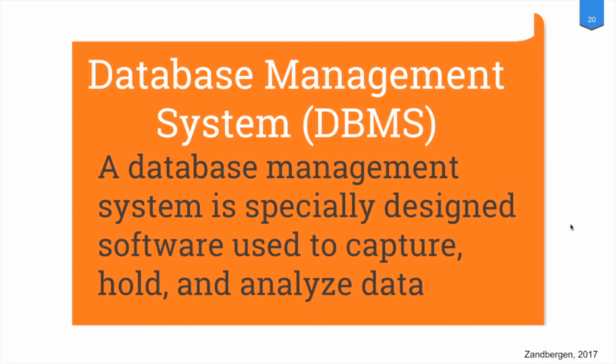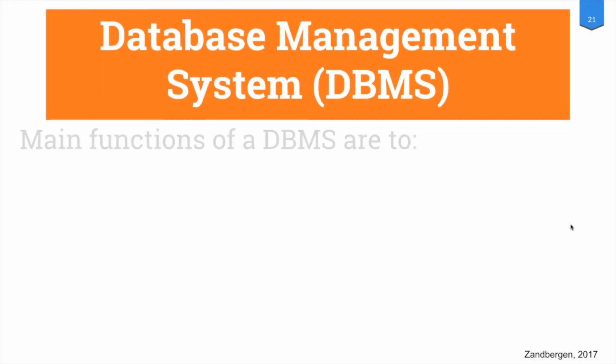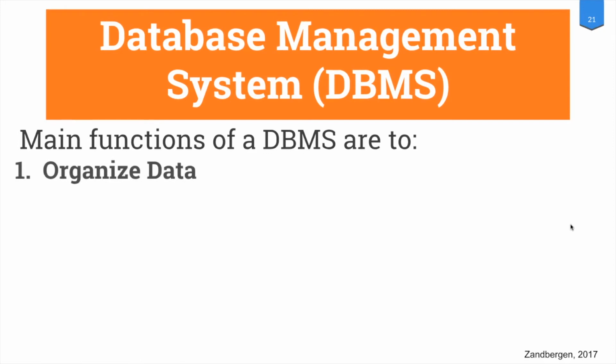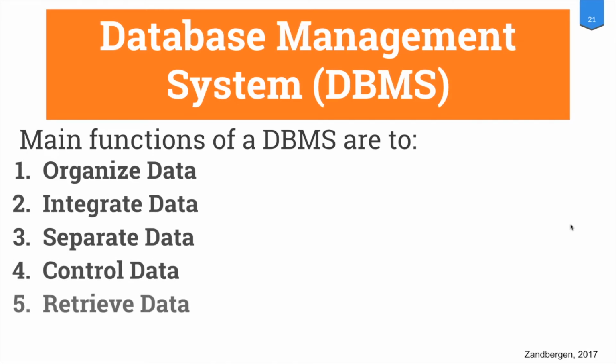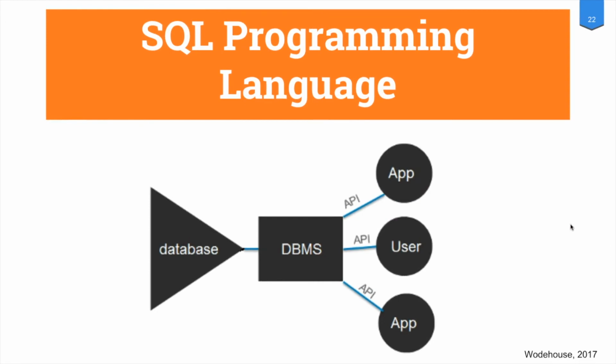A database management system is specially designed software used to capture, hold, and analyze data. It typically has 6 functions: to organize data, to integrate data, to separate data, to control data, to retrieve data, and to protect data. First, let's talk about the SQL programming language.